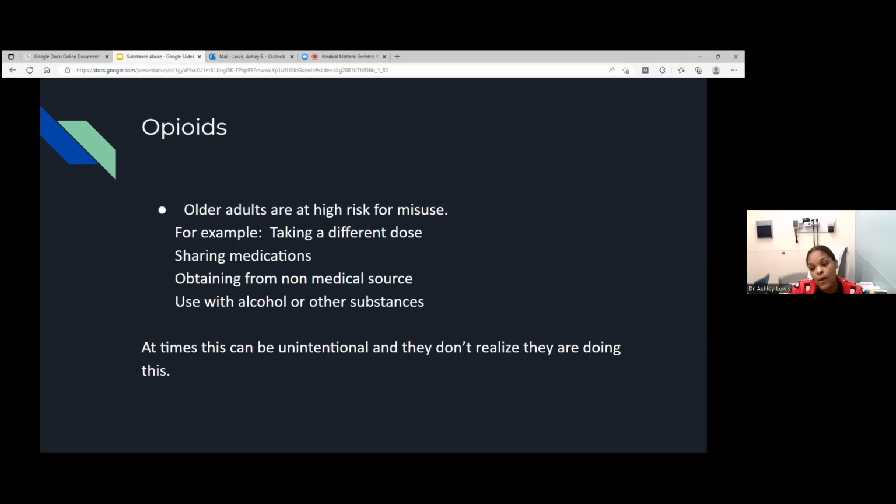So now, moving on to opioids. In older adults, they have a higher risk for misuse.